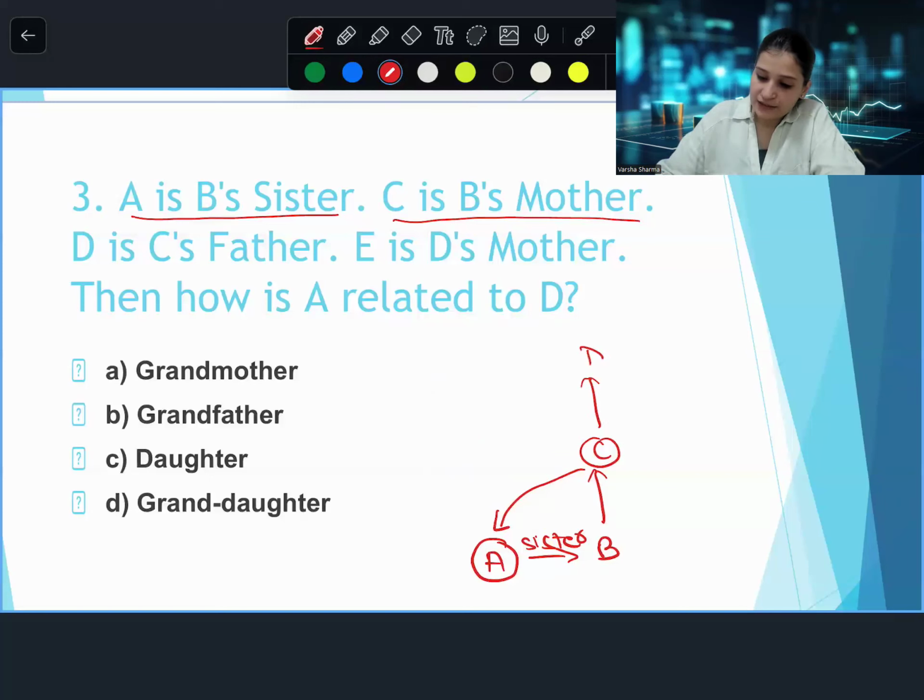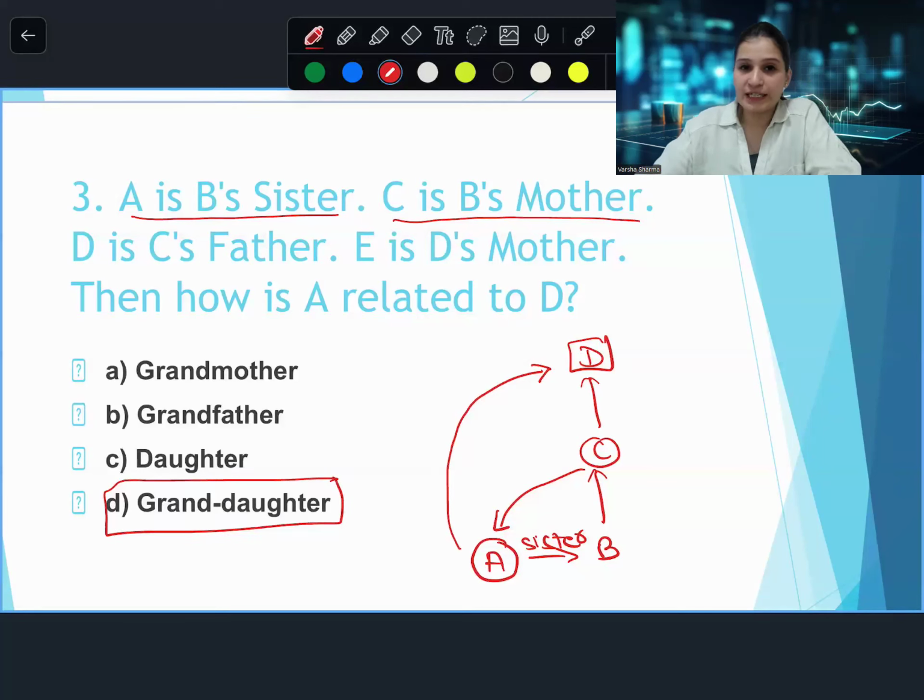D is C's father. So how is A related to D? Granddaughter. A will be the granddaughter of D. Is it okay? Yes, ma'am.